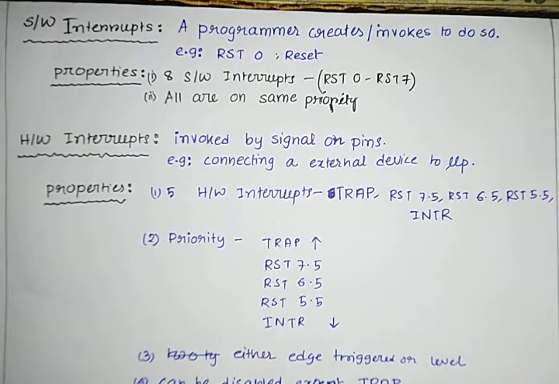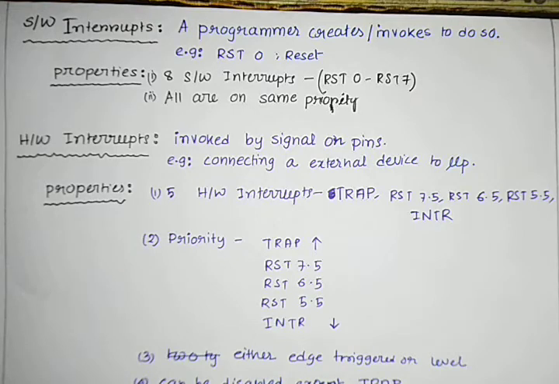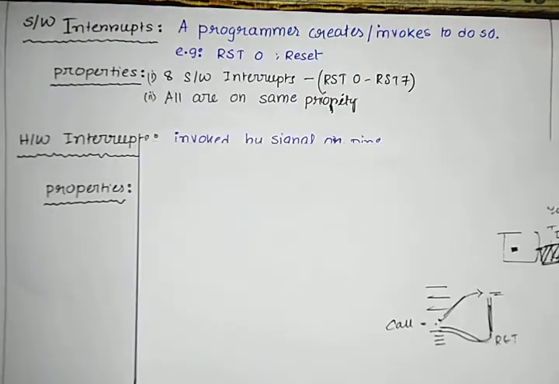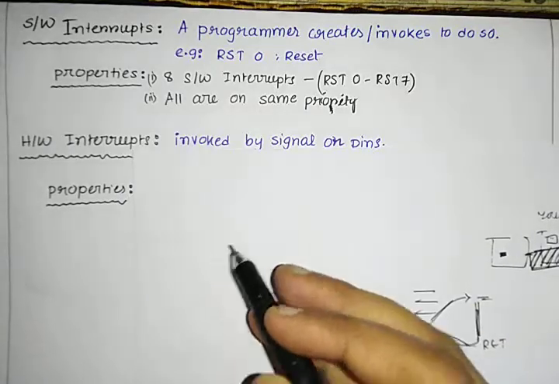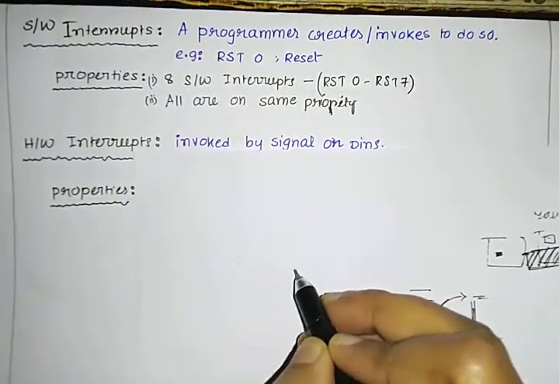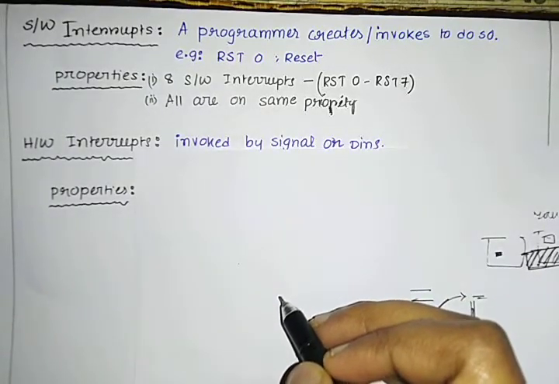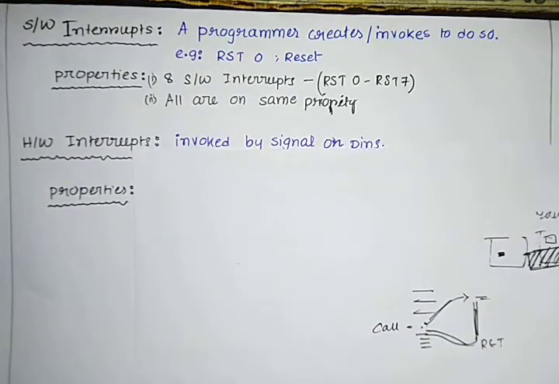Now there are two types of interrupts. One is software, another is hardware. A software interrupt is when a programmer is writing a program and needs to stop what is being done and execute something else. Then he or she can write code for that and make a software interrupt. I think you've watched in the architecture video that there are 8 software interrupts, which are RST0 to RST7, all 8 interrupts.